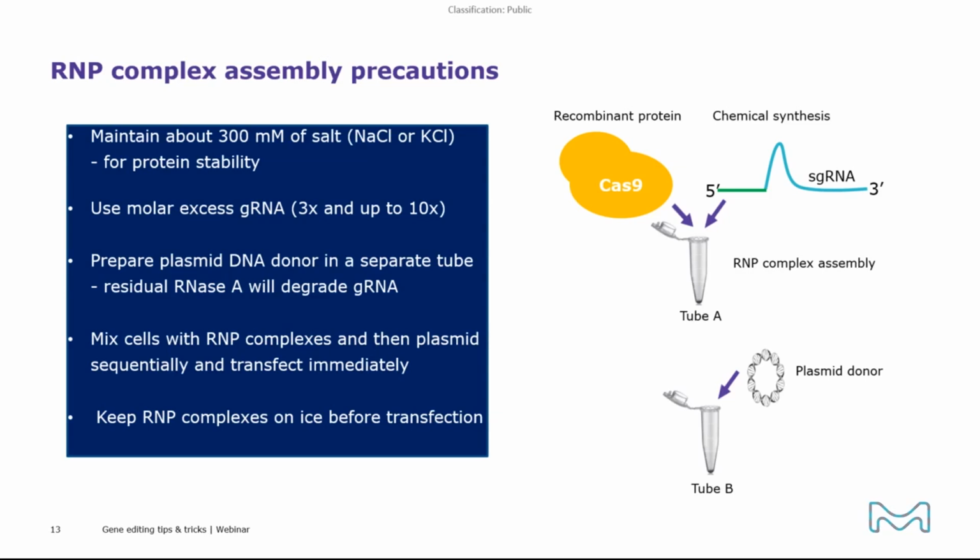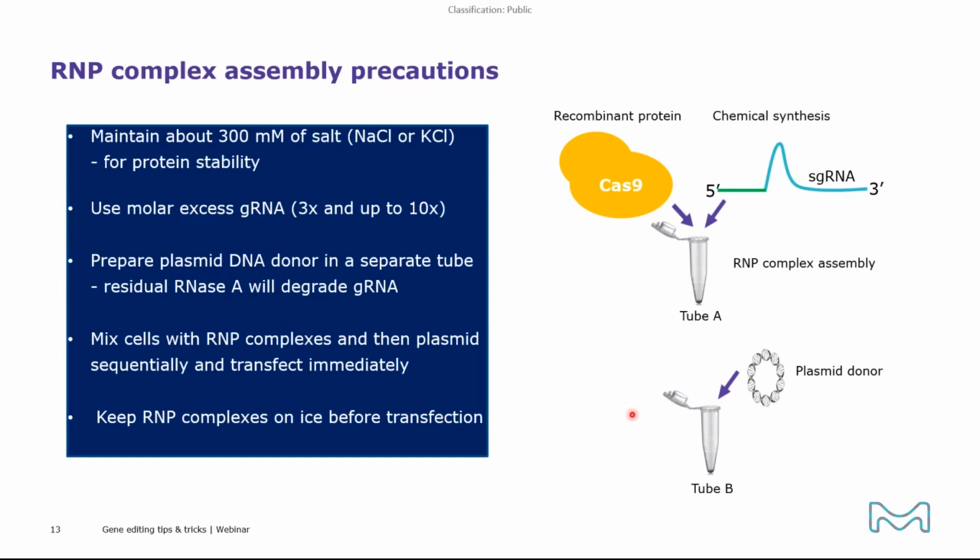And you want to use excess guide RNA to protein in molar ratio. For most applications, we recommend a molar ratio of 3:1. But for difficult to edit sites, the ratio can be increased to 10:1. And keep RNP complexes on ice before transfection.